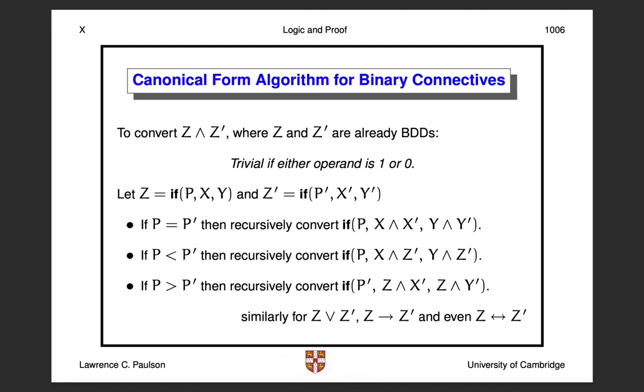Because then we are making a decision on p, or we are considering the two separate cases for p, namely p is true or p is false. What will our final BDD do if p is true? Well, it must get some value from the part of the BDD which p links to here, which is x. It will get a truth value from over here, the BDD for x prime, and then they'll be ANDed together.